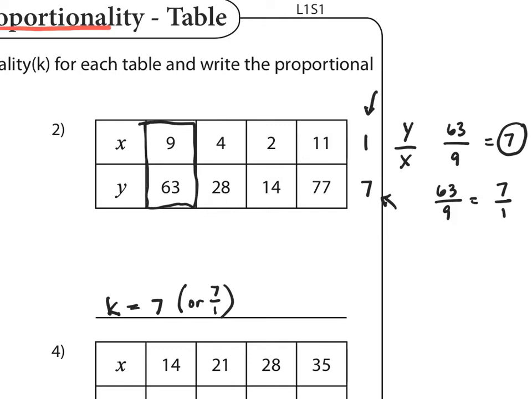So the other thing they ask us to do is write the proportional relationship, and they're talking about the equation Y equals KX. Well, we now know what K is.